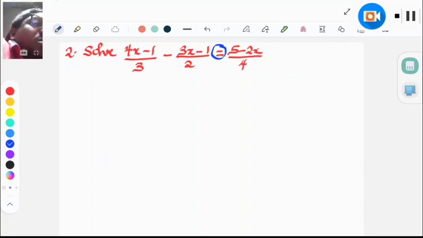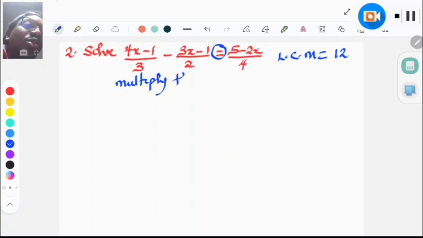From this equation, we have denominators of 3, 2, and 4. So first of all, we need to find the LCM. The LCM of 3, 2, and 4 is 12. Now, what we need to do next is to multiply through.